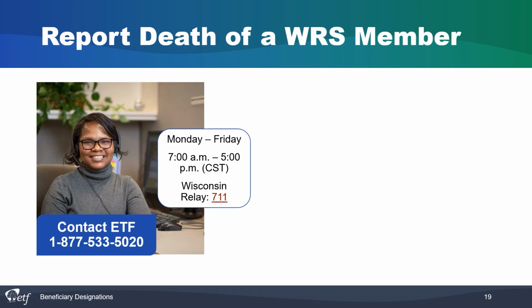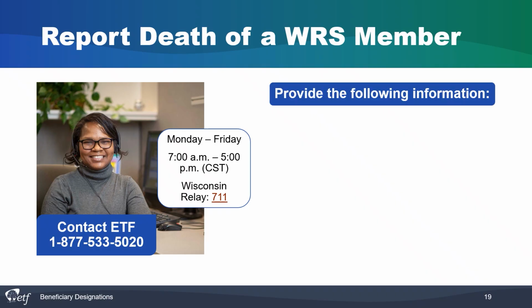When a WRS member dies, contact ETF at 1-877-533-5020, Monday through Friday, 7 a.m. to 5 p.m., or contact Wisconsin Relay 711 for the hearing impaired.